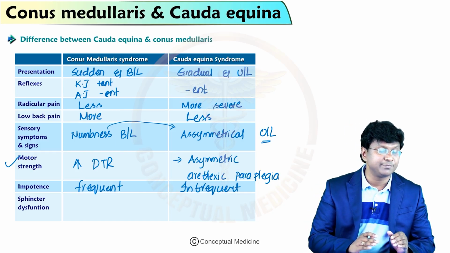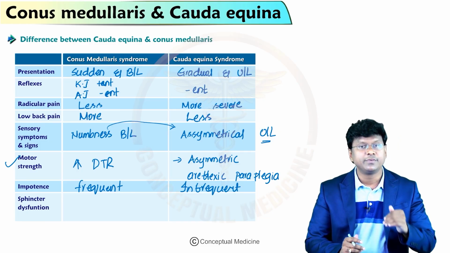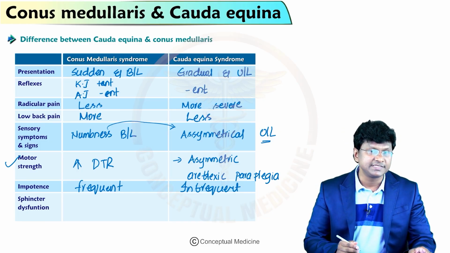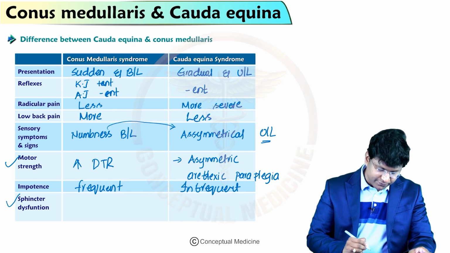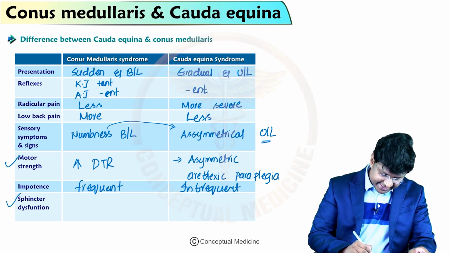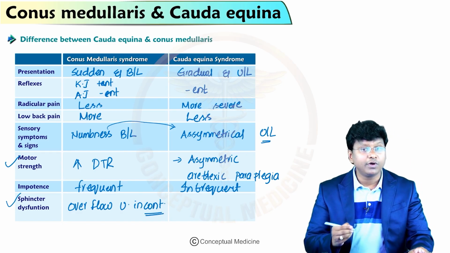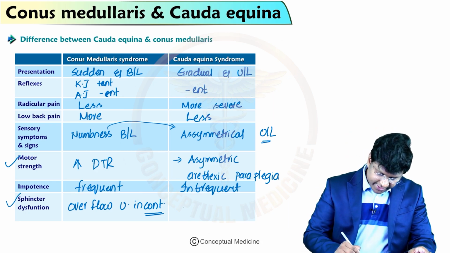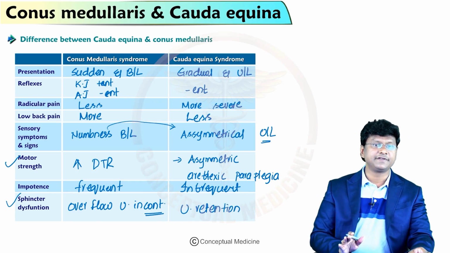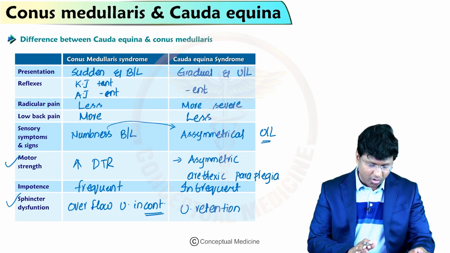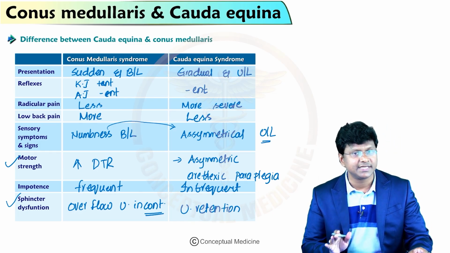And sphincter dysfunction in case of conus medullaris is overflow urinary incontinence, whereas in cauda equina syndrome you have urinary retention. Right, so these are the differences of the conus medullaris as well as the cauda equina.